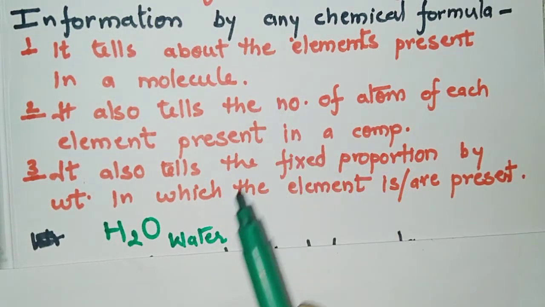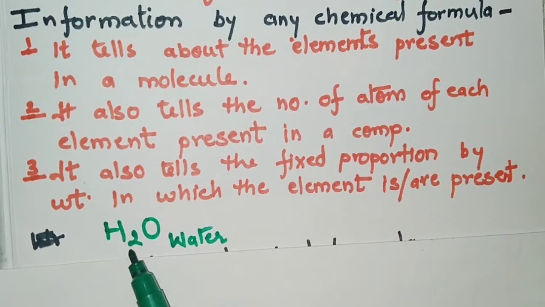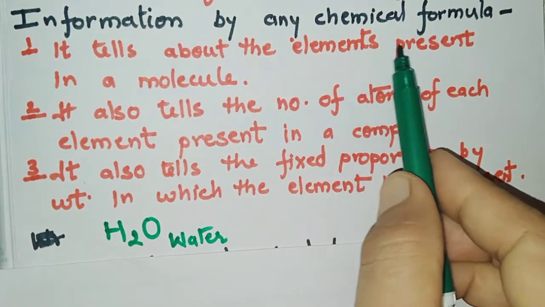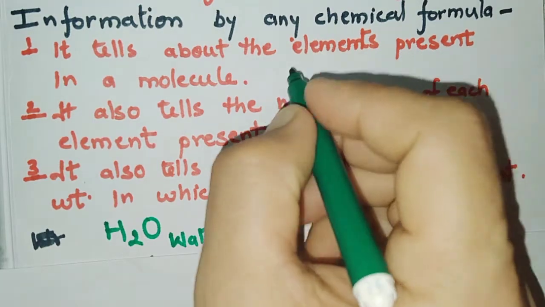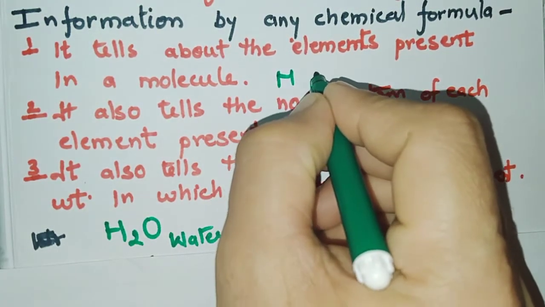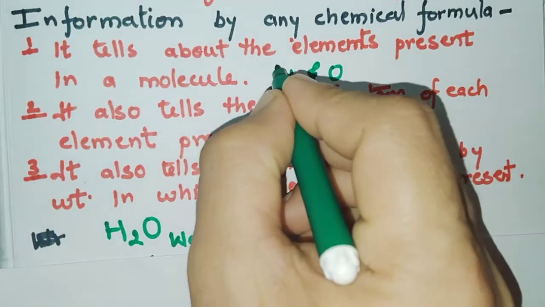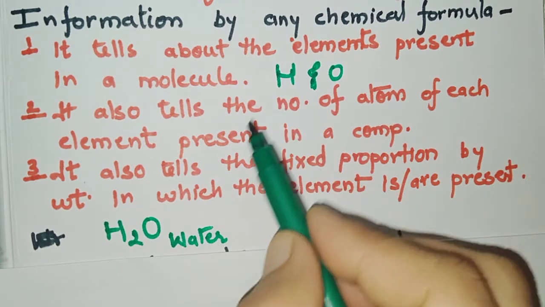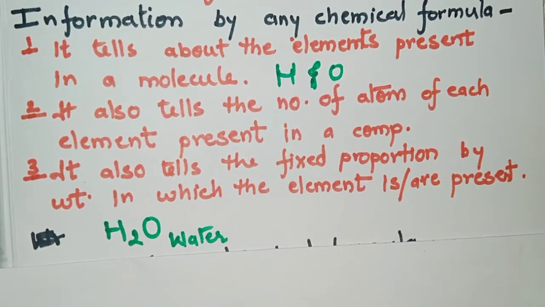Now, first point, this is a chemical formula. What information does it tell us? It tells that two types of elements are present here, hydrogen and oxygen. It tells that hydrogen and oxygen are present in a water molecule.